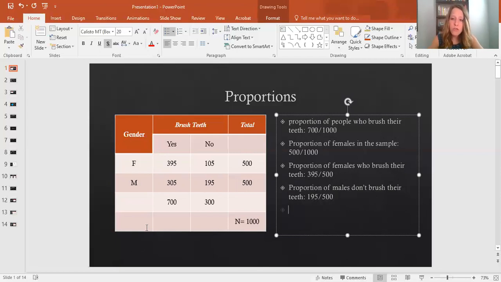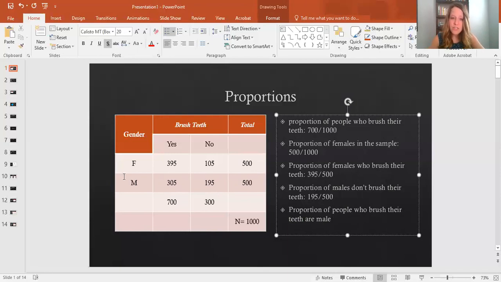We could also look at denominators for our column totals. If we wanted to know what proportion of people who brush their teeth are male, here we're not interested in everyone.